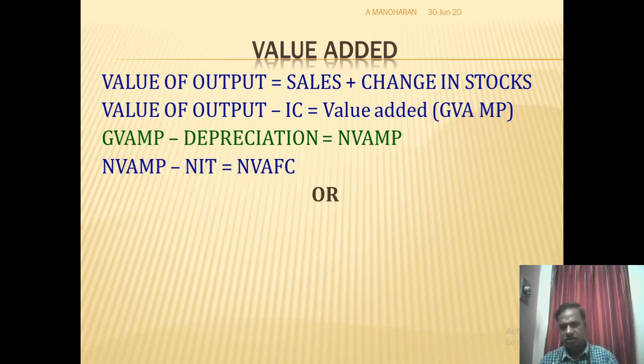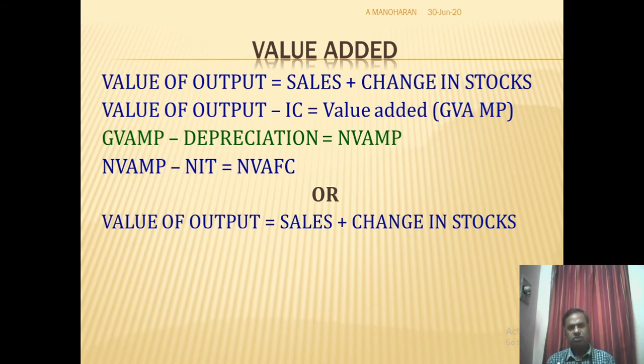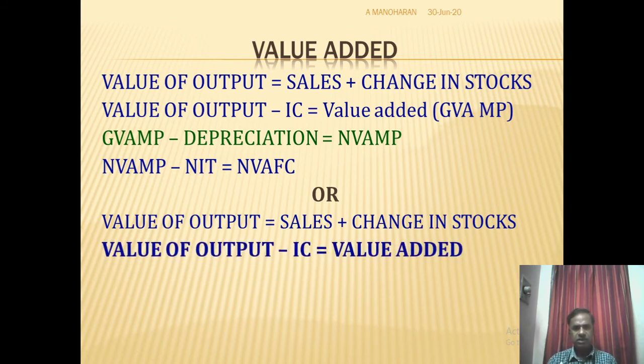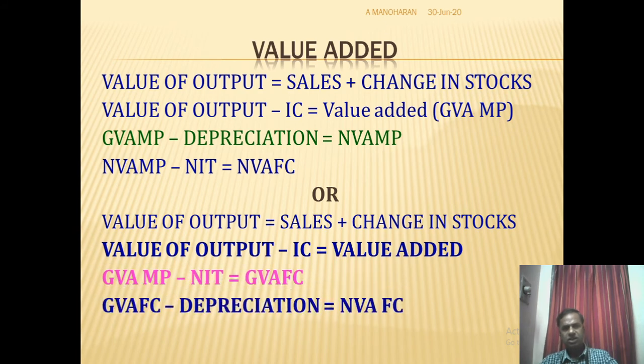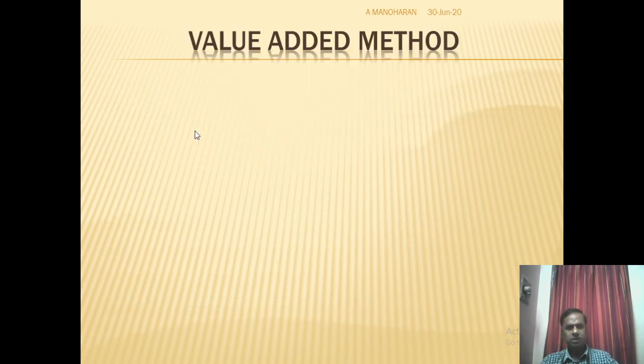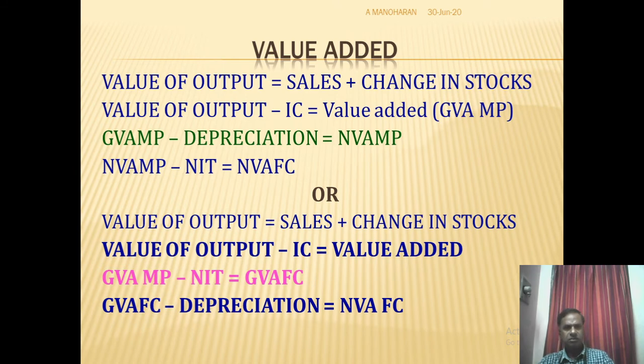Or we can calculate like this also. As I told you earlier, value of output, the same value added. There is only one change: earlier, GVAMP minus depreciation was equal to NVAMP.